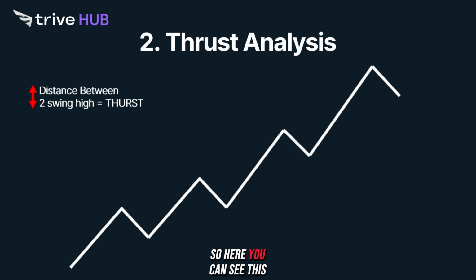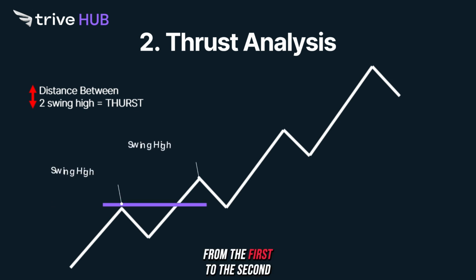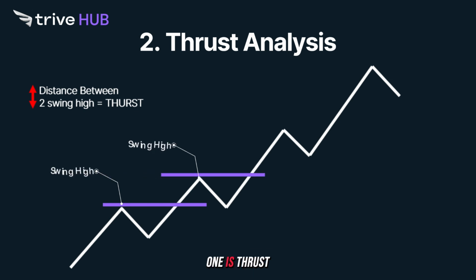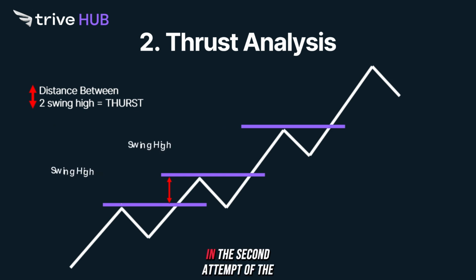Here you can see the first swing high, and the market formed a second swing high. The distance from the first to the second one is the thrust, and we have measured it with red lines. This thrust increased in the second attempt of the market movement.